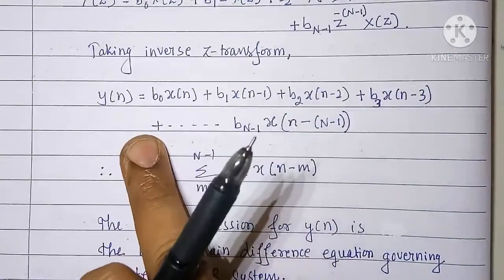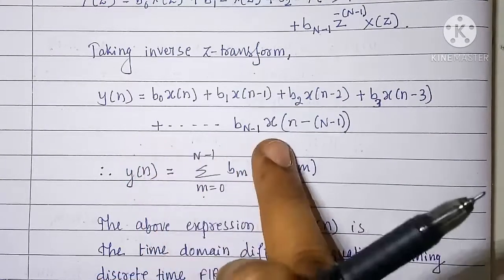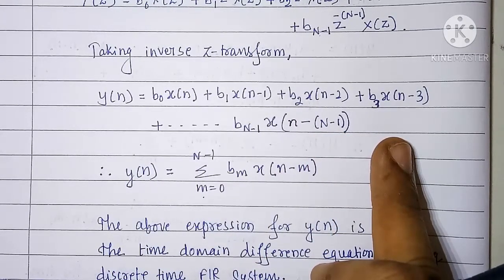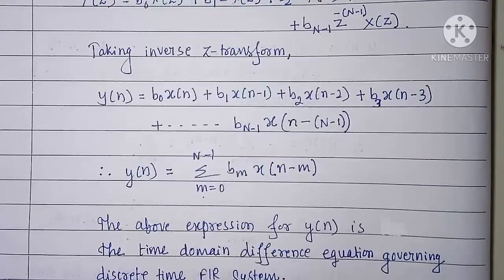And to implement such an equation, those blocks will be connected in one particular order. So now we will take up the basic blocks which are used to construct the block diagram for FIR system and IIR system realization.